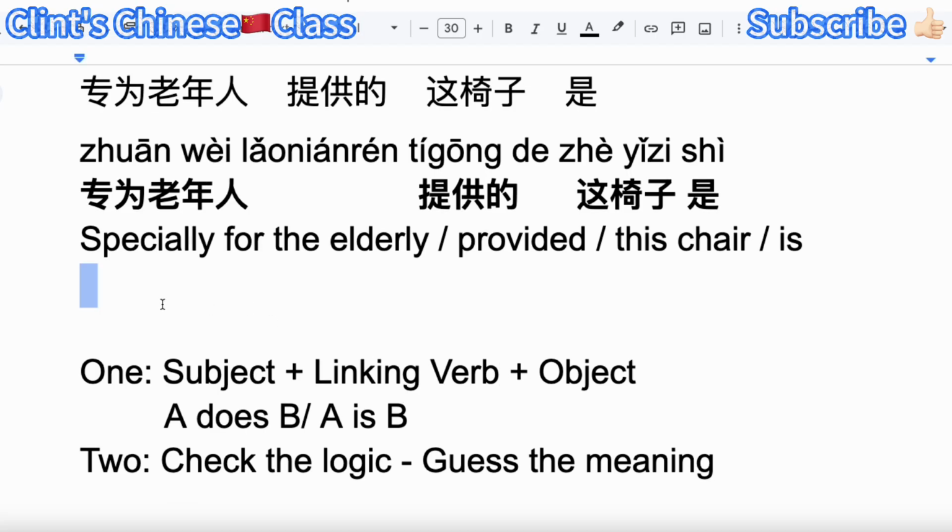All right, so let's try to rearrange the words. Something, okay, specifically for the elderly. This is not a noun phrase, right? It's not a noun either. This chair, 这椅子, this is a noun.